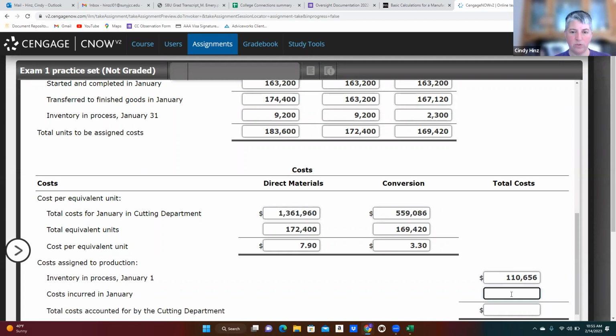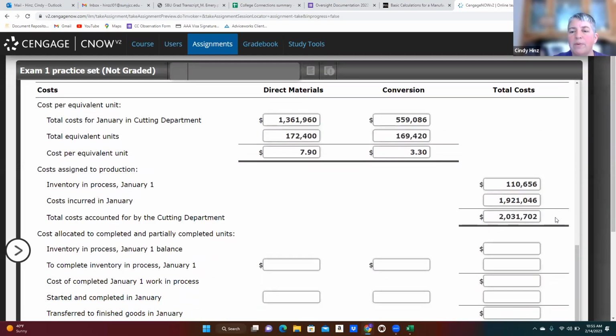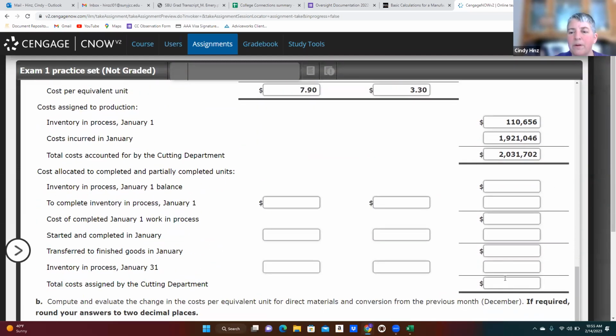I just need to add those two together to get the costs incurred in January, add that to the beginning balance to get the total cost to be accounted for in the cutting department. And when we do this final step, that number needs to match this number. So the bottom line of the production cost report gives us another way of tying out our work to see, did we do this right?